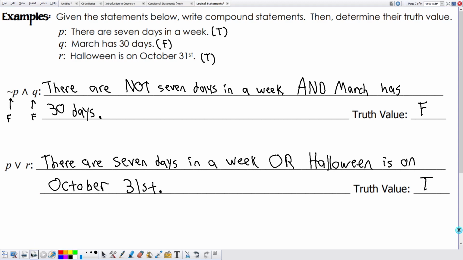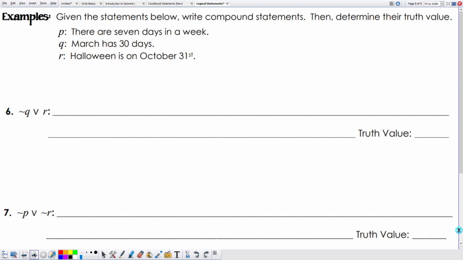All right, I think we have 2 more examples left, so let's give them a look. Again, I should have really done this in advance, but let's note the truth values as such. So, at this one, we have not Q, down arrow, meaning disjunction, and then R. So, not Q is the negation of the statement Q, March has 30 days.